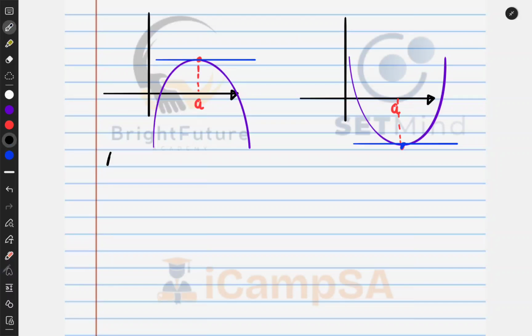Okay, saying f is both increasing and decreasing. So with this one, it doesn't matter whether we start with decreasing or increasing, because it's basically doing the same thing at the same time.